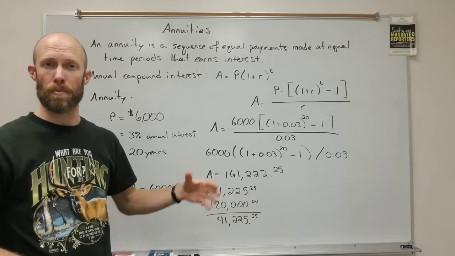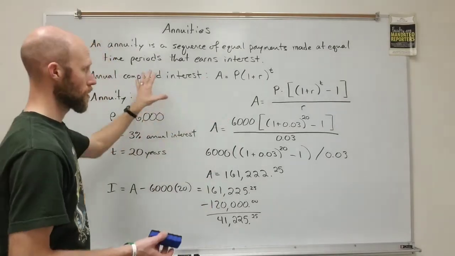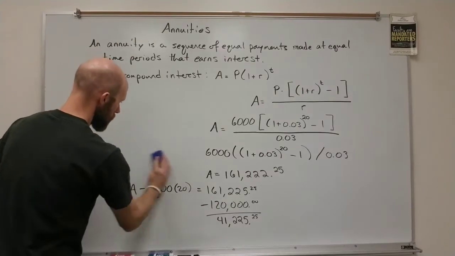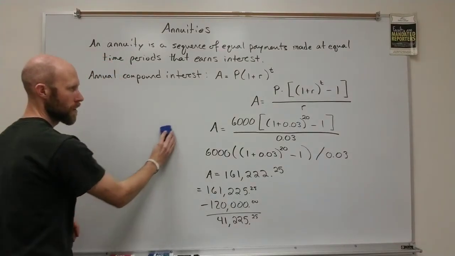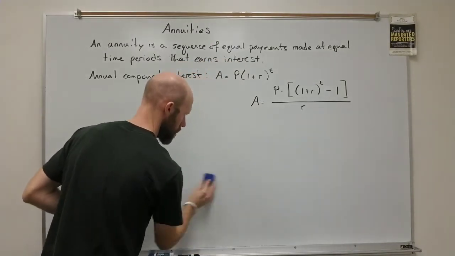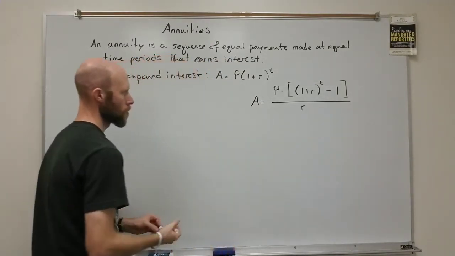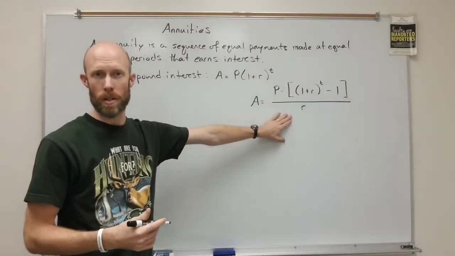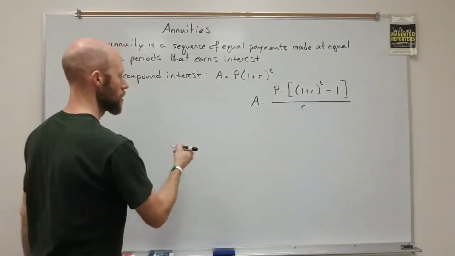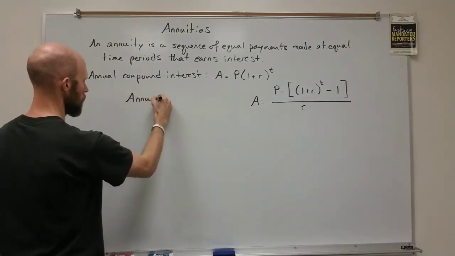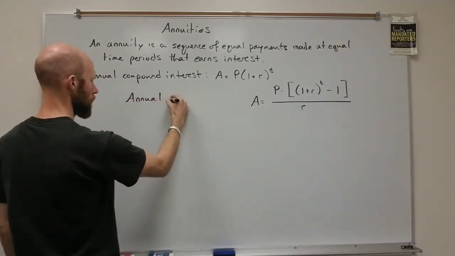This might be more applicable, but we can do this with all sorts of annuities as well. So in general then, if you're compounding, so this is an annuity that compounds yearly or makes payments yearly. So I'll call this annual payment.